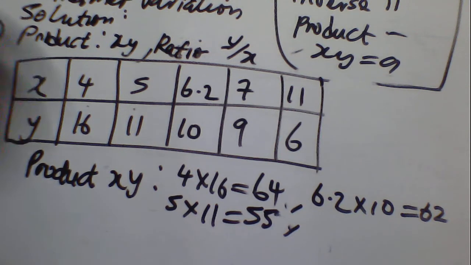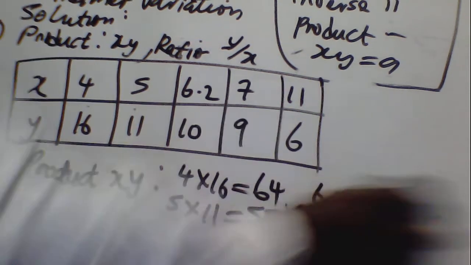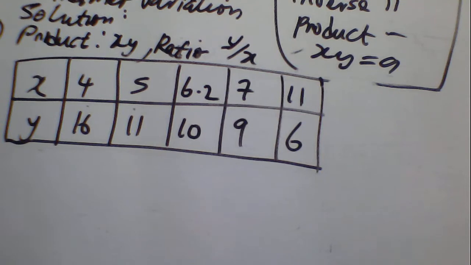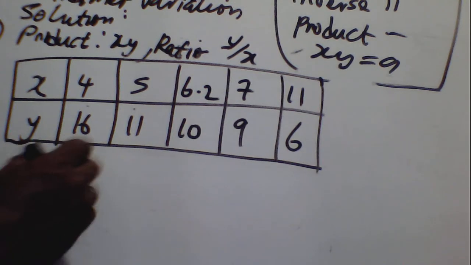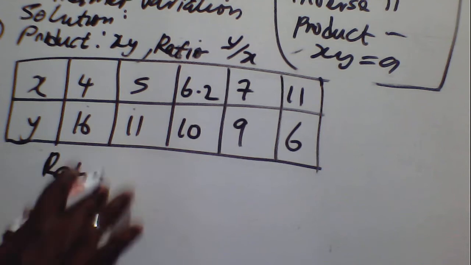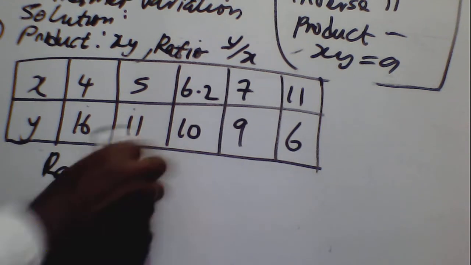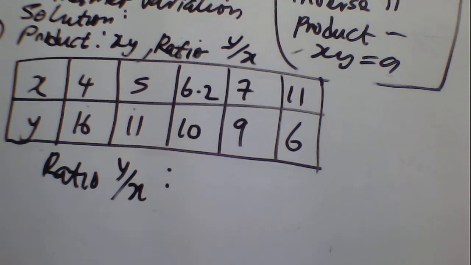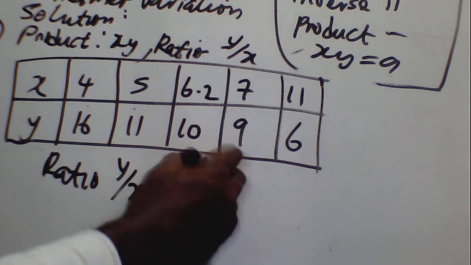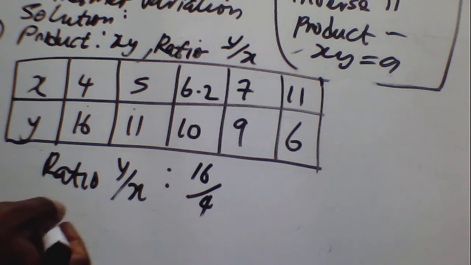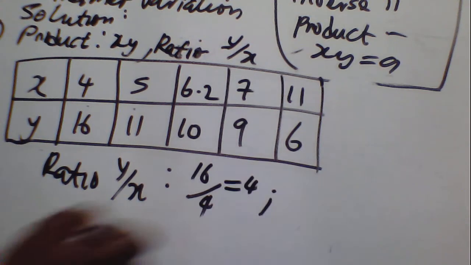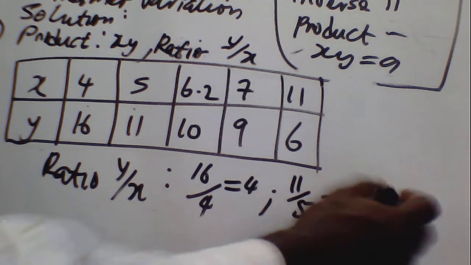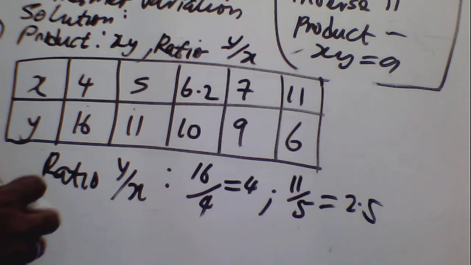In this case, we now try direct variation. So the ratio, y over x. You have 16 divided by 4, which is 4. Then 11 divided by 5 will give us 2.5. So you see that the ratio is also not constant.